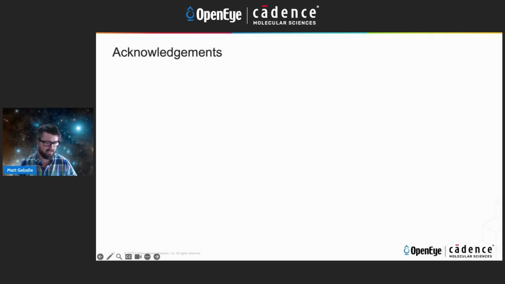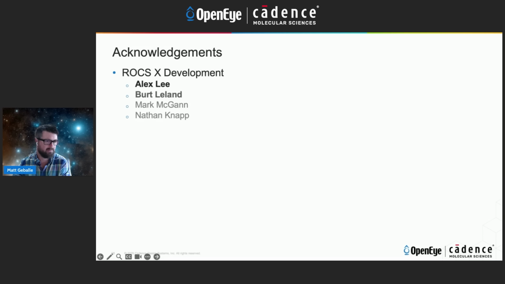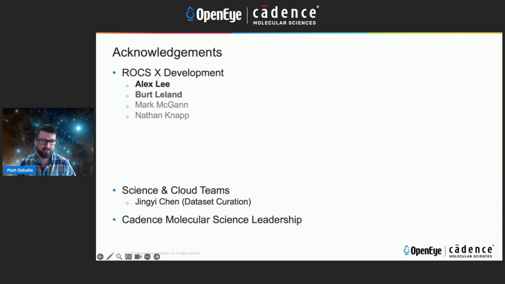With that, I'd like to thank people who were instrumental in building this. First of all is Alex Lee, who did most of the development of the multi-armed bandit and active learning cycle. Bert Leland was responsible for the library generation work. A lot of thanks to the larger science and cloud teams at OpenEye, particularly Jingyi Chen, who curated the data set that we ended up using for our validation ligands.